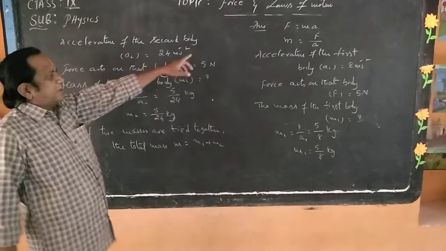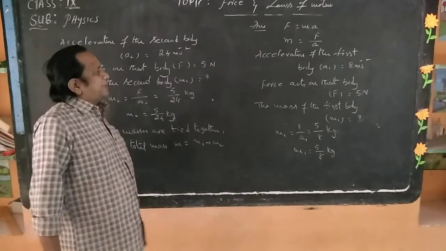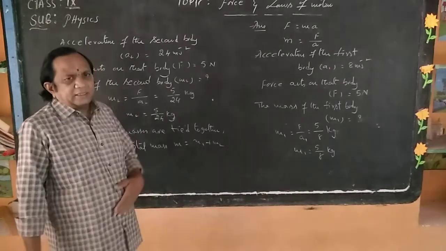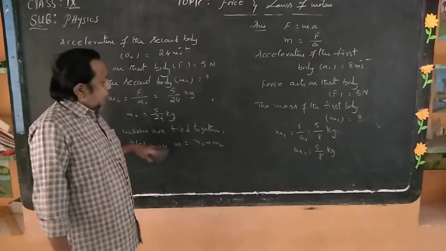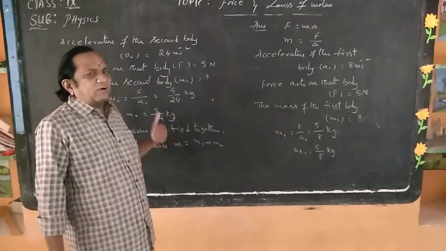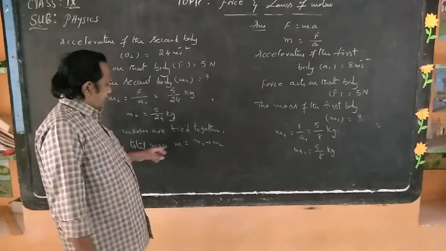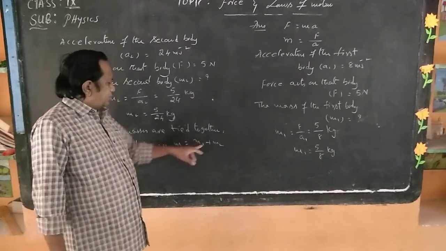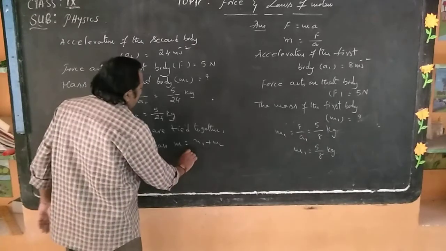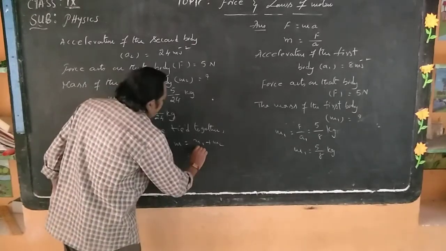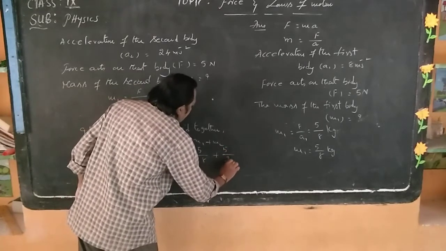As mentioned in the problem, the same force acts on the two bodies, but their accelerations are different. Now, with the total mass, we calculate the force acting again. So m is equal to m1 plus m2, that is 5 by 8 plus 5 by 24.